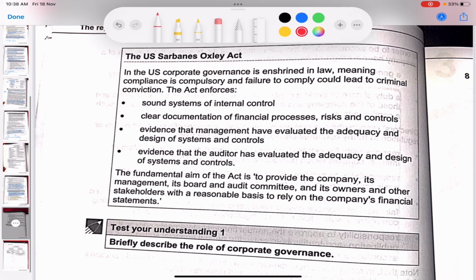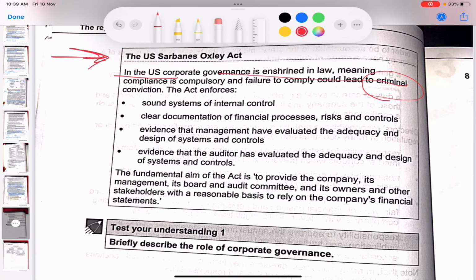Let's see what the US Sarbanes-Oxley Act really was. In the US, corporate governance is enshrined in law, meaning compliance is compulsory. So if you fail to comply with corporate governance, it could lead to a criminal conviction.